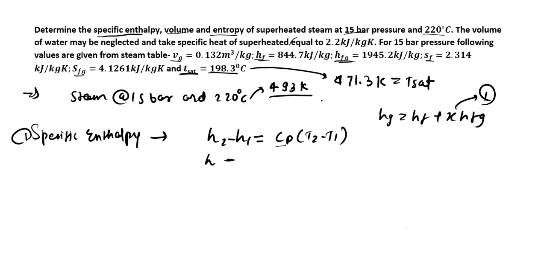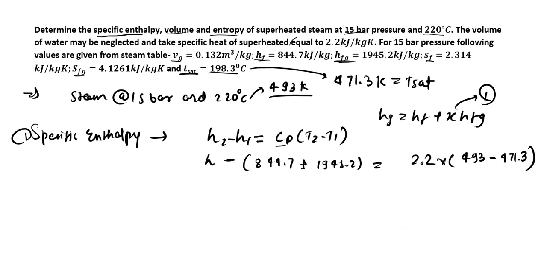If you calculate this, you will get 844.7 plus 1945.2 is equal to, with Cp given in the question as 2.2 kilojoule per kg Kelvin, into T2, the next temperature, which is 493, the superheated temperature, minus 471.3, which is your saturation temperature.